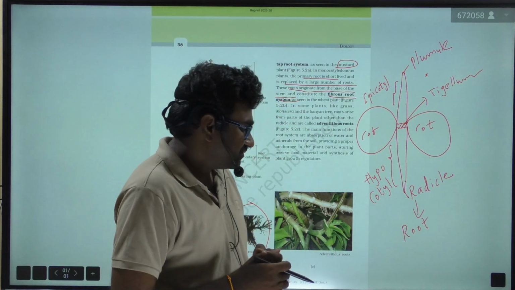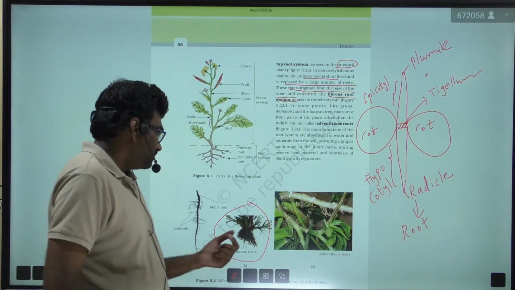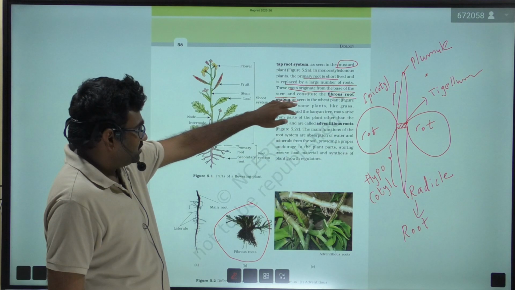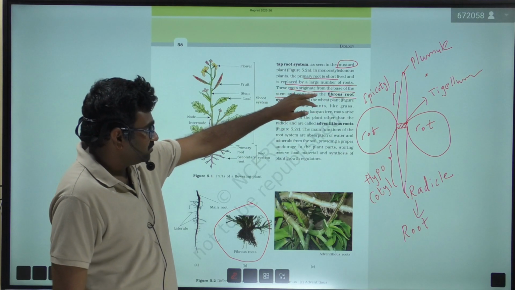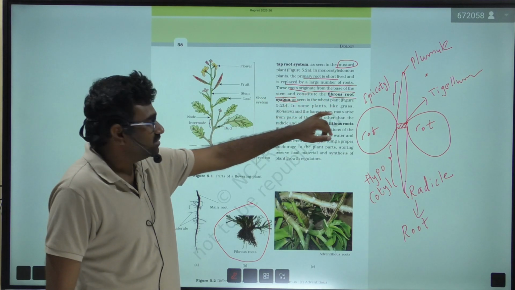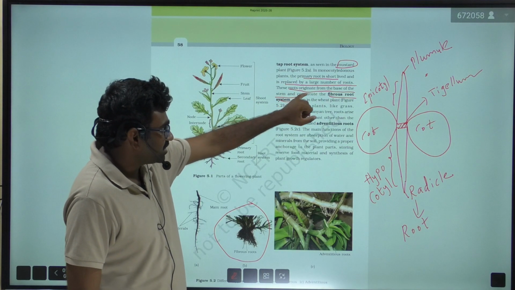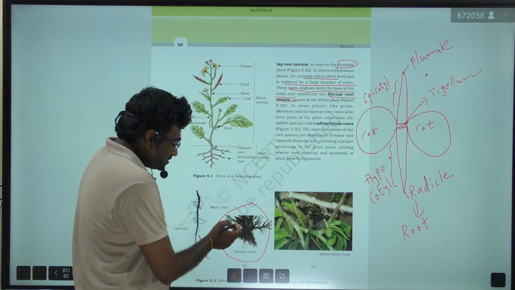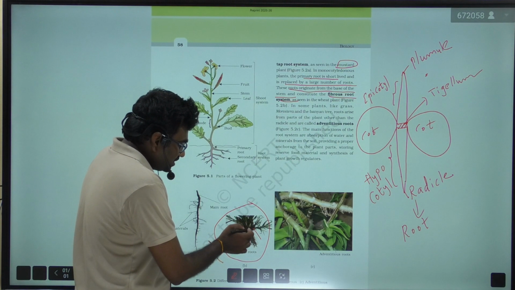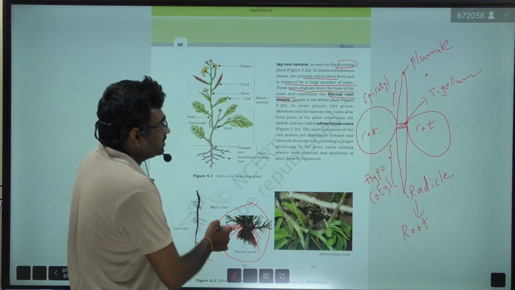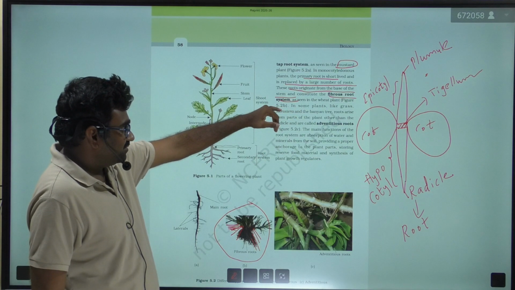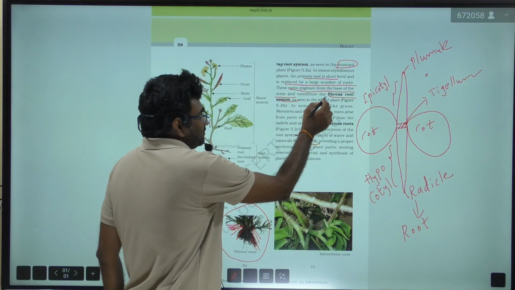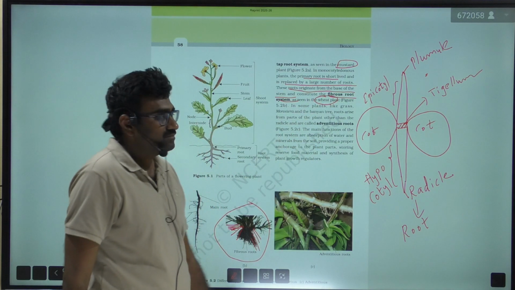In monocots, mostly the fibrous root system is observed, as seen in monocot plants such as wheat. Wheat is the best example.